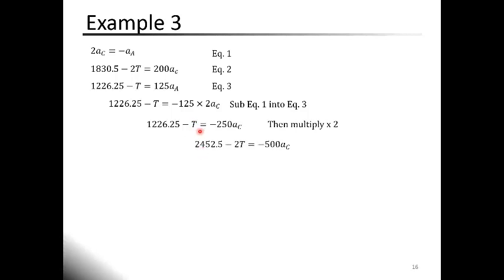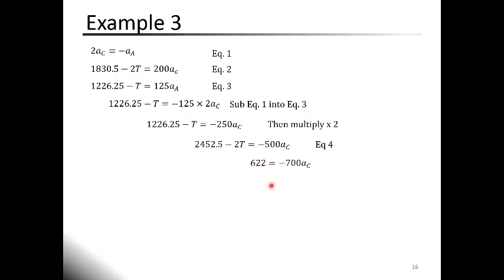So if we multiply the resulting equation by 2, we get this equation, which we call equation number 4. And then if you compare equation number 4 with equation number 2, you will find that we have 2 multiplied by T here, and 2 multiplied by T here. So we can subtract equation number 4 from equation number 2, and the 2T cancels out, and then we'll be able to solve these equations together to get the acceleration AC.